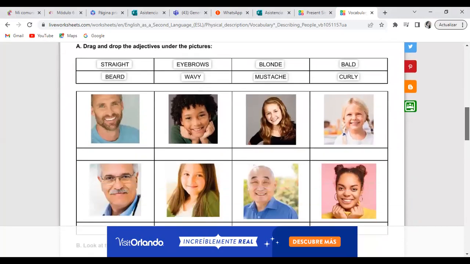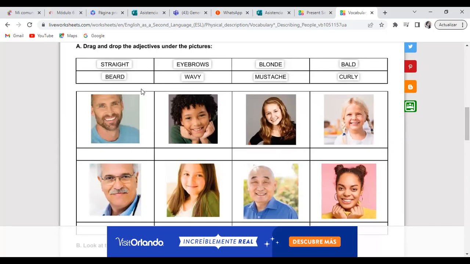We have here, guys, different people, different ages, with different facial features, different physical traits. And you're going to tell me which word would you use with each of these people.